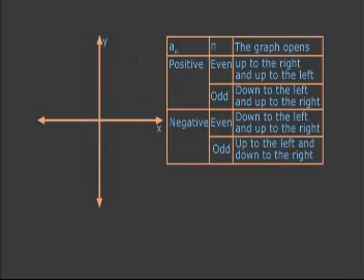If the leading coefficient is negative and the exponent is even, the graph opens down to the left and down to the right, as seen here. Finally, if the leading coefficient is negative and the exponent is odd, the graph opens up to the left and down to the right, as seen here.